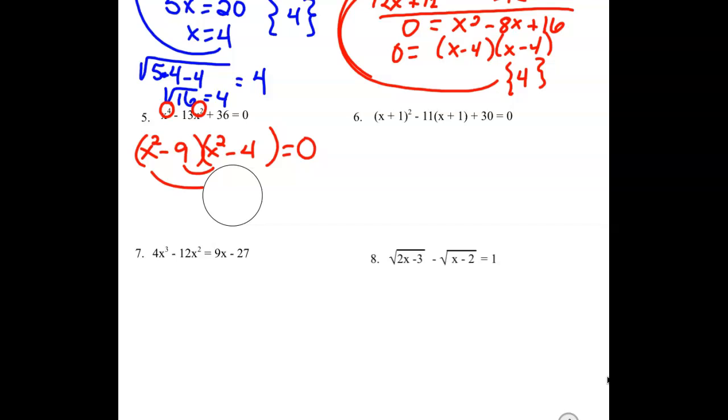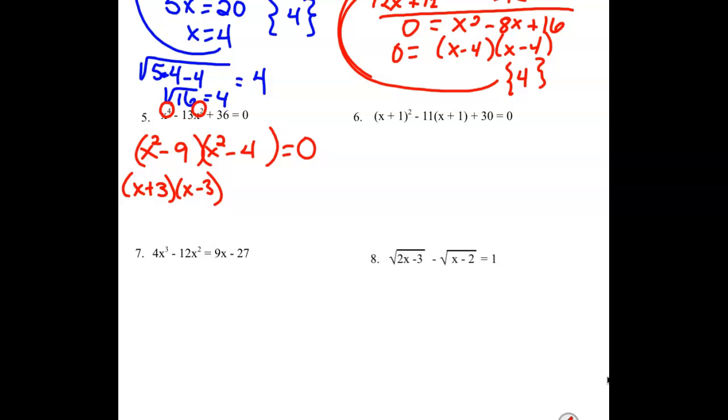Now, what do you notice about those? Can they be factored more? Yeah, we have difference of squares here. So x squared minus 9 would factor into x plus 3 and x minus 3.